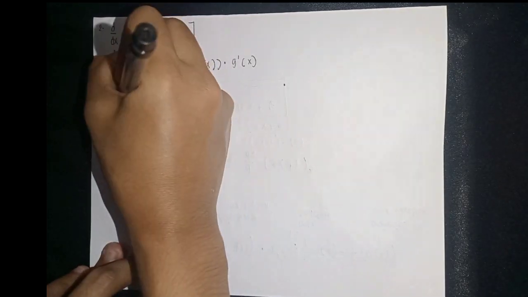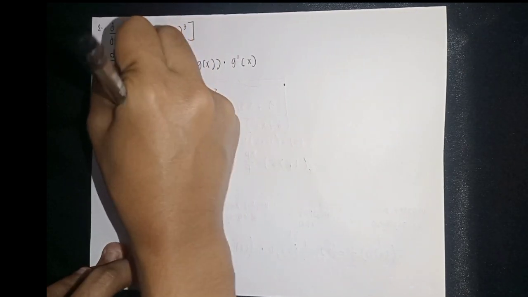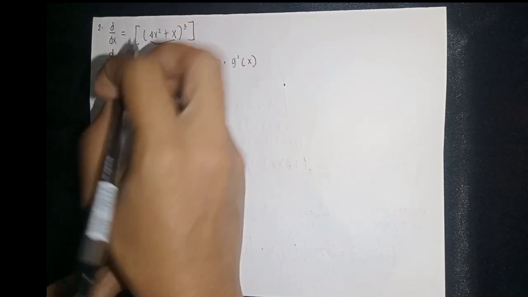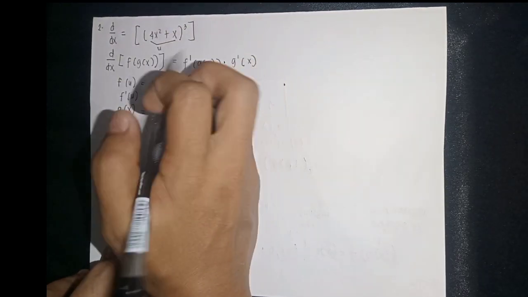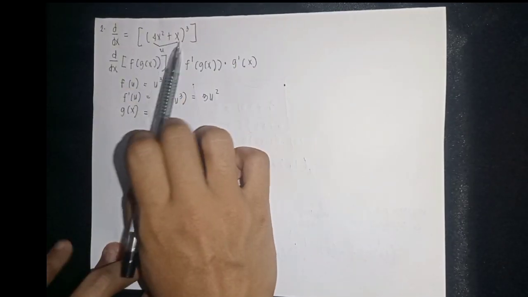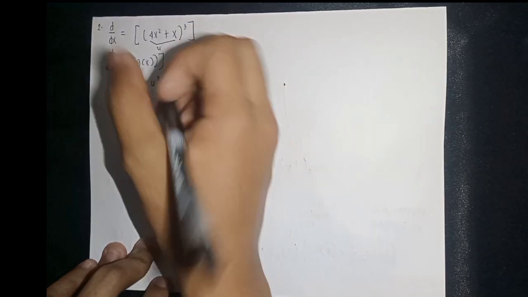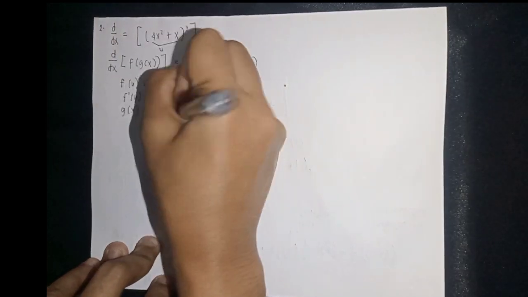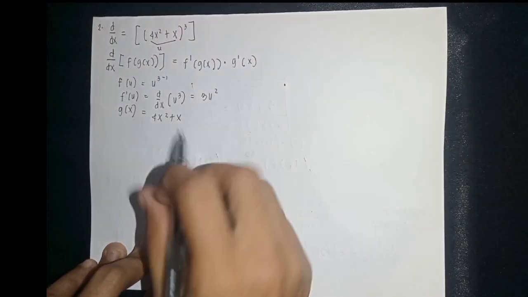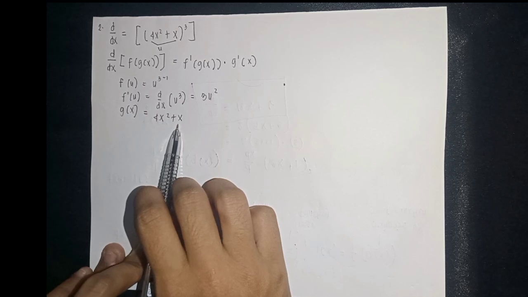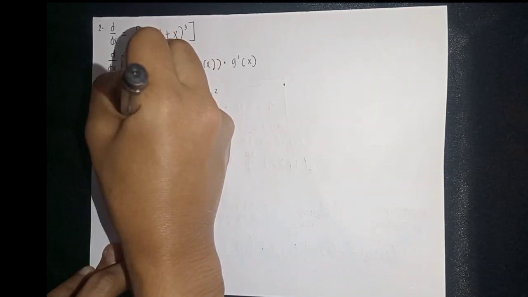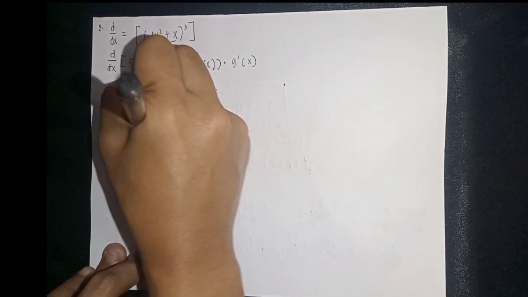And then our inside function is the g of x, which is 4x squared plus x. So we need to differentiate the g of x, to get g prime of x.